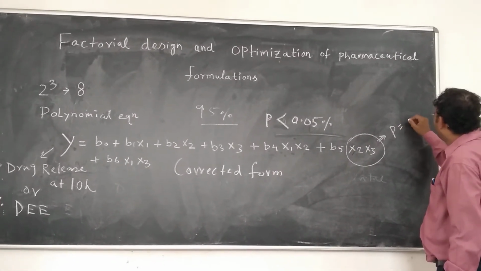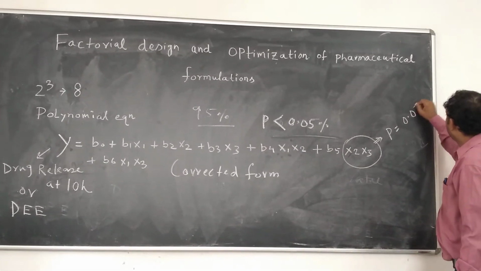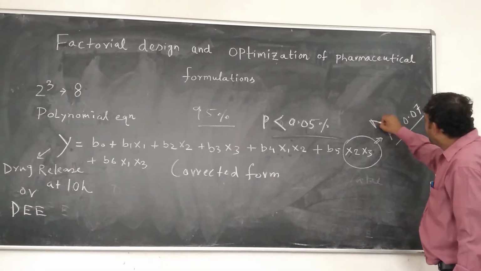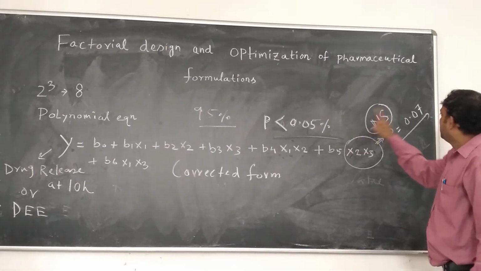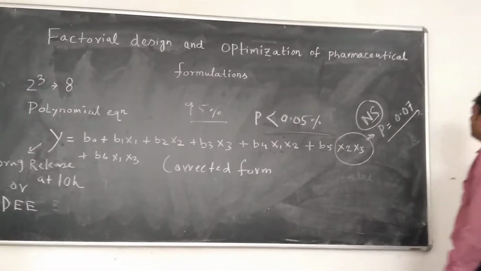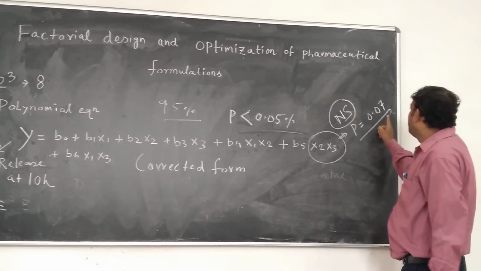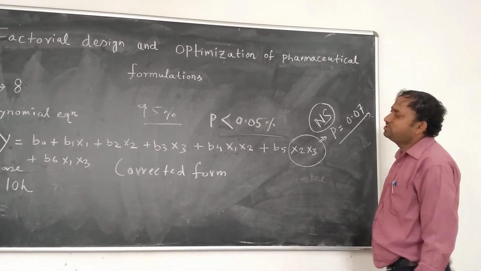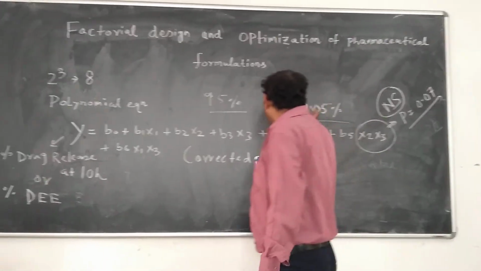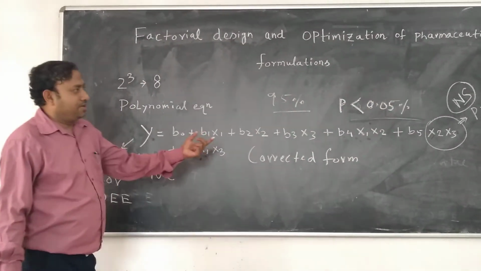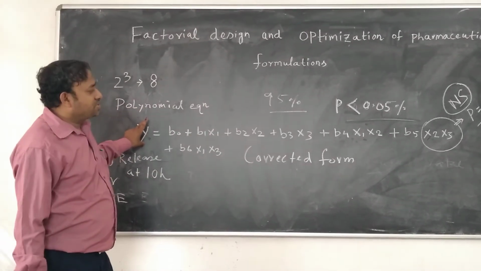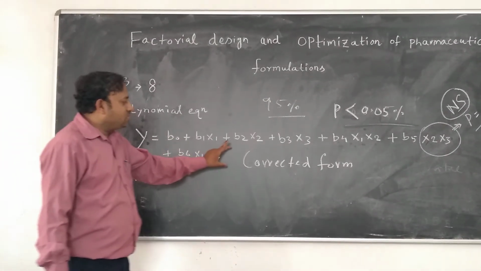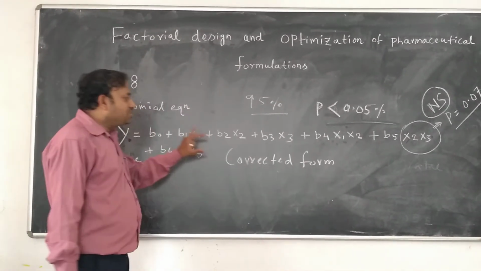Now suppose we get a p value of 0.07. This term should be considered non-significant, because 0.07 is greater than 0.05. The p value should not be greater than 0.05. So after that non-significant term is deleted from the original polynomial equation, we get the corrected form, generally called the reduced equation.